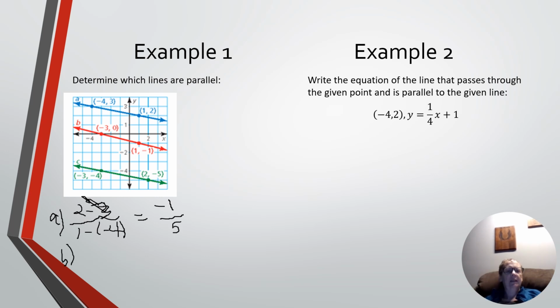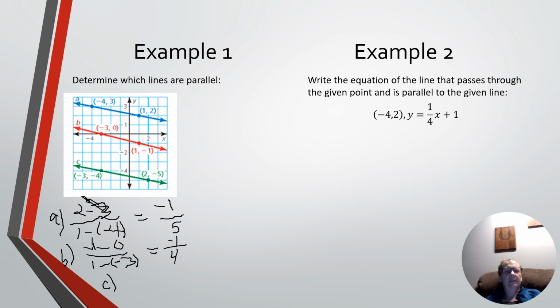For line B, I have -1 minus 0 all over the change in x, which is 1 minus -3. So up top, again, I have -1. But on bottom I have a 4, so those aren't parallel right there. Those are not the same.